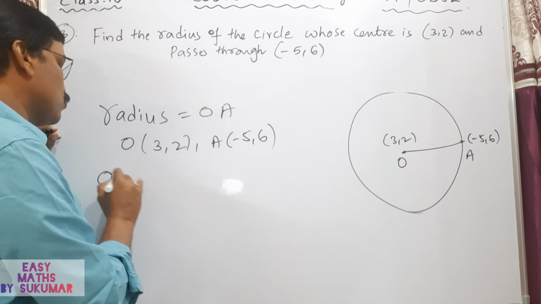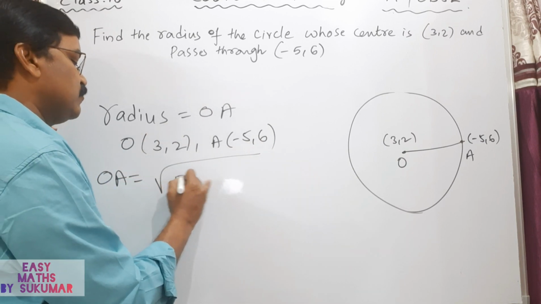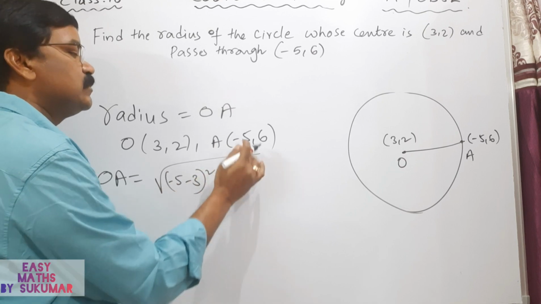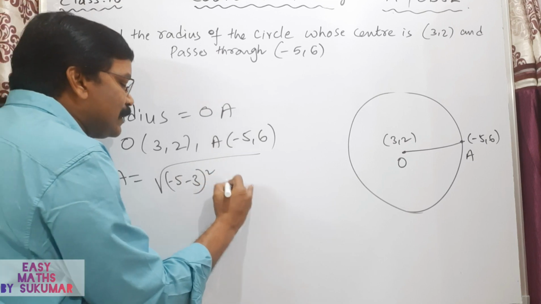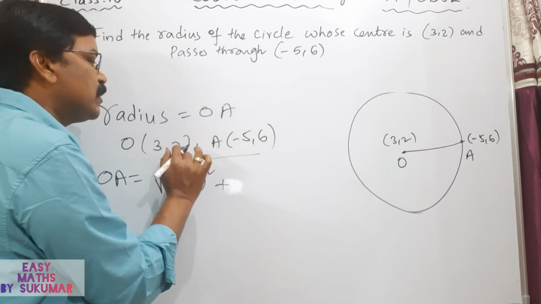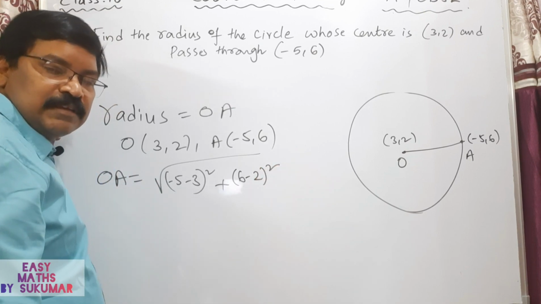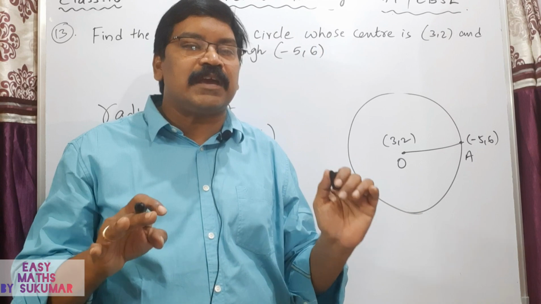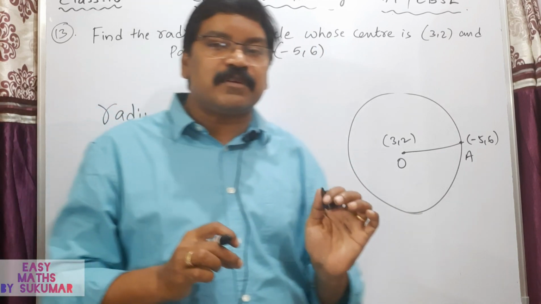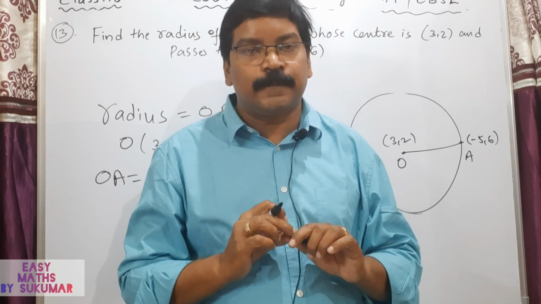That means this OA, it is nothing but the radius, is minus 5 minus 3 whole square, that means x2 minus x1 whole square plus y2 minus y1, that means 6 minus 2 whole square. See, as I told you, in the whole exercise from the first sum onwards we have been using the distance formula only.